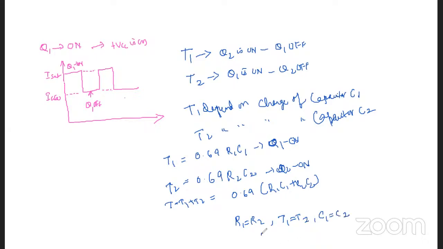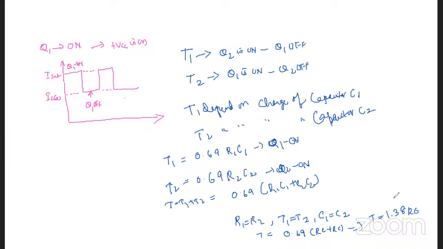That means the total time T is 0.69 RC plus RC, which implies T equals 1.38 RC, because 2 into 0.69 gives 1.38 RC.